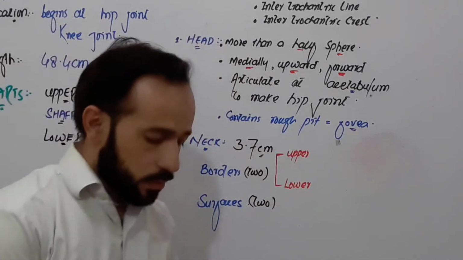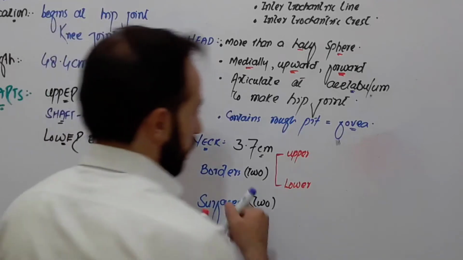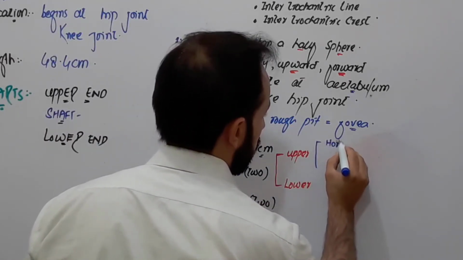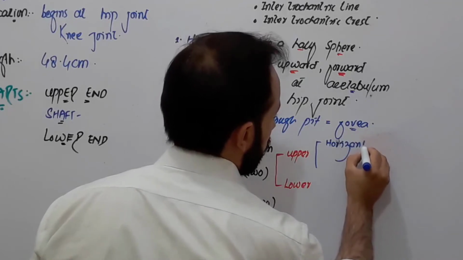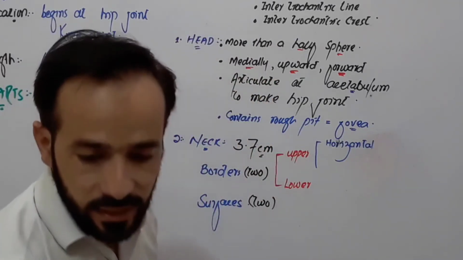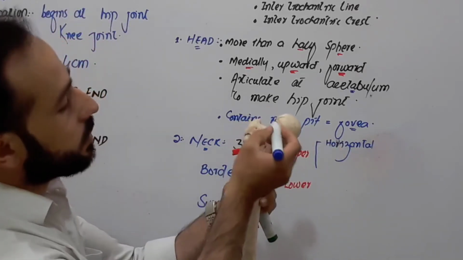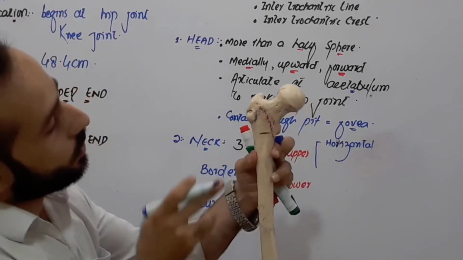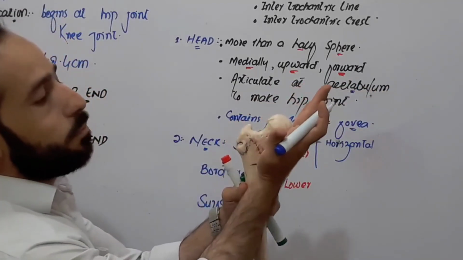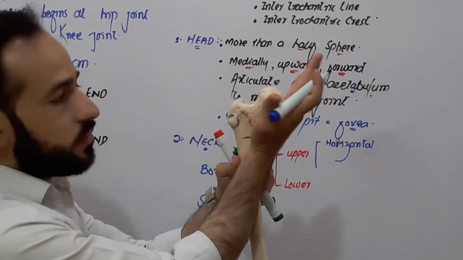About the upper border, first point about it, that this upper border is a little bit horizontal. I will show you while I discuss the bone itself. The upper border is a little bit horizontal. You can see it here. This is the upper border. So it's a little bit horizontal, but the lower border is a little bit oblique, right? You can see my hand.